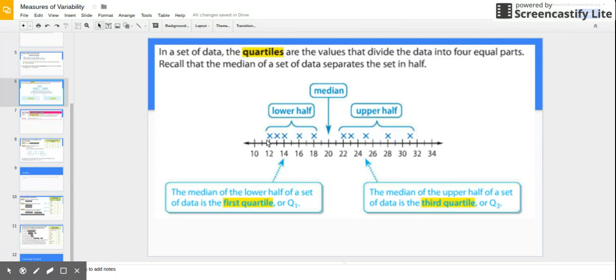So here is the lower half of the set, and the median of it is considered quartile 1. On this side is the upper half of the set, which is considered quartile 3, or Q3. So you have the first quartile, which is the lower half, and the third quartile, which is the upper half. You're finding the median in each of the halves.